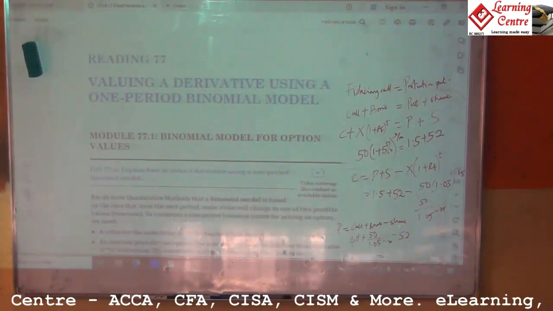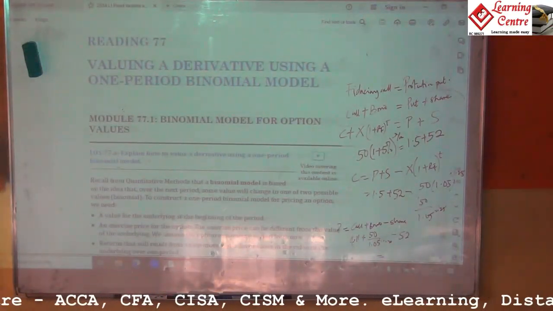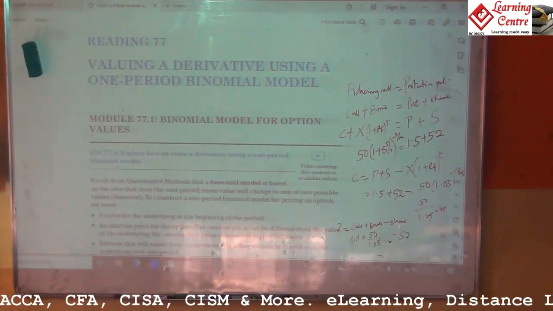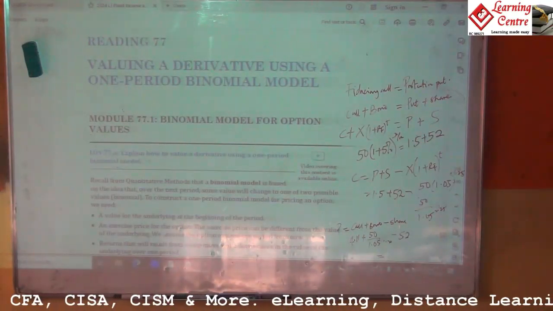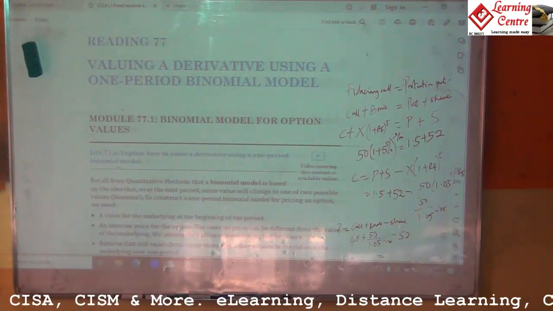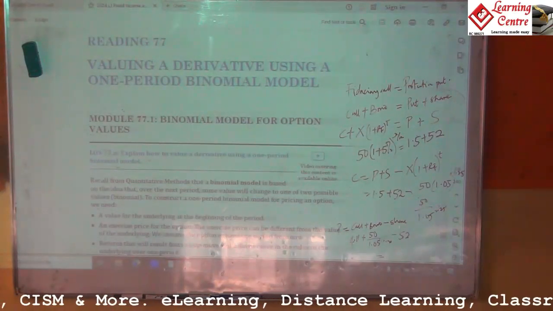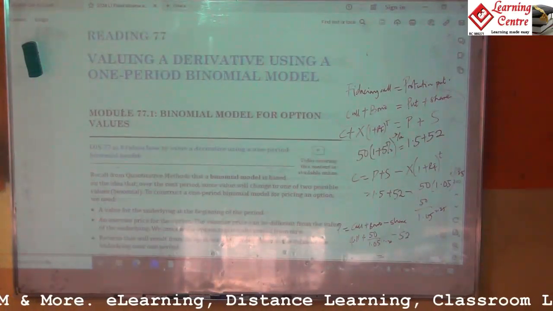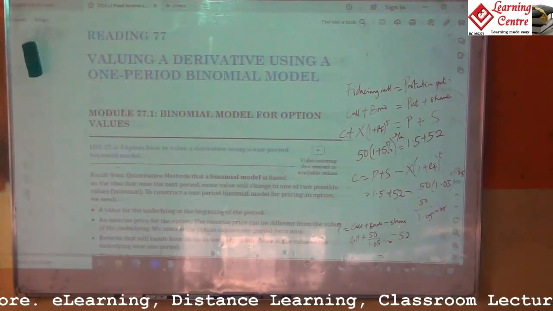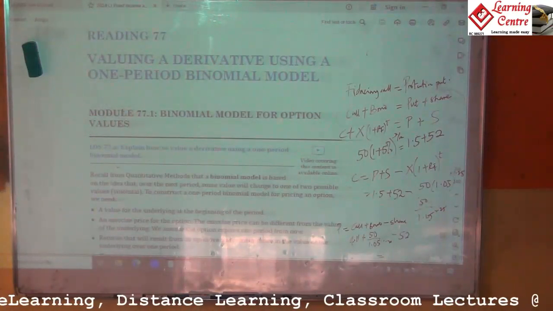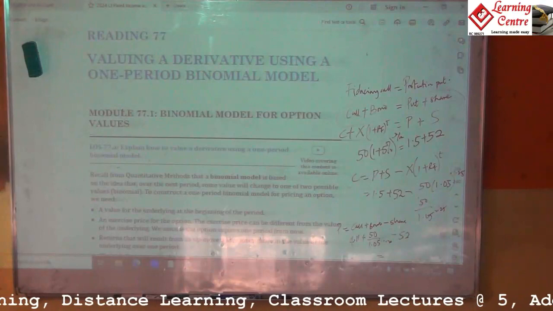Okay. Any questions? We are in our last or second to last reading, in fact. All right. So this one is easy, but you just need to understand the concept.